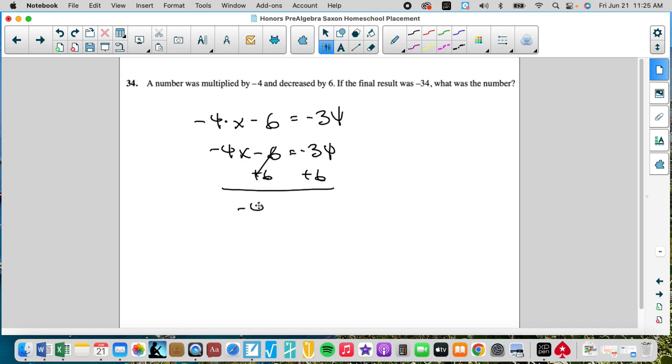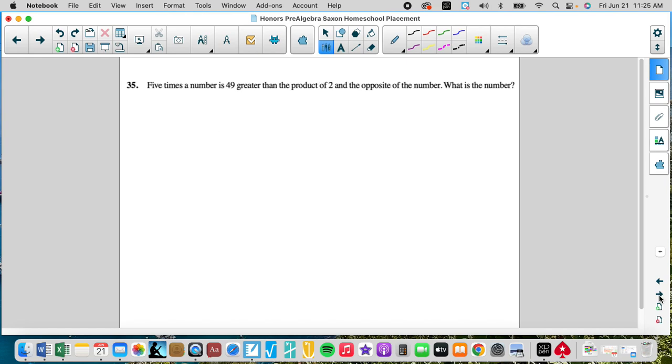These cancel. You're left with -4x equals -28. And then -4 is multiplying by the variable. The inverse of multiplying by -4 is dividing by -4. So we get x equals 7. Nice two-step problem that you should be very proficient at coming into 8th grade.